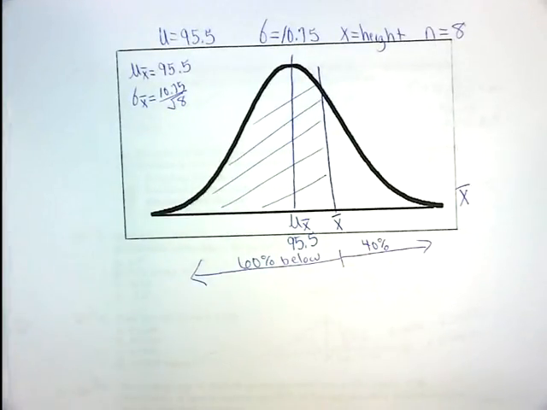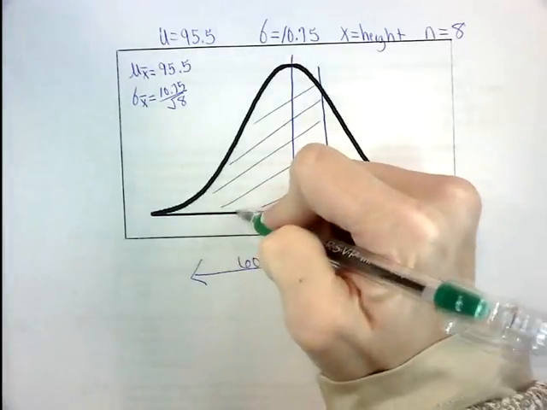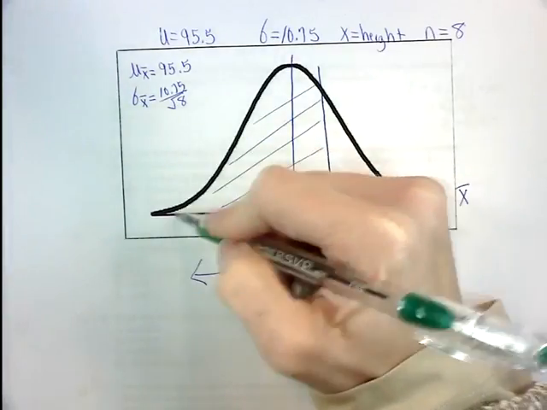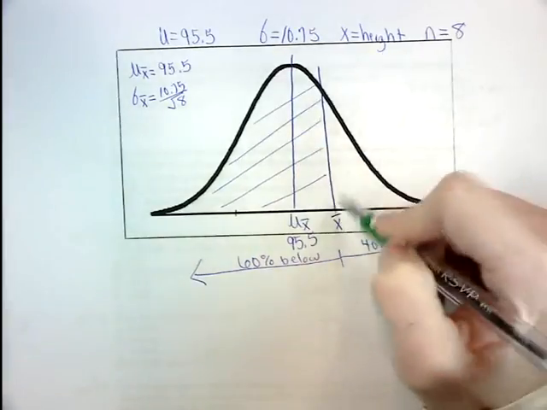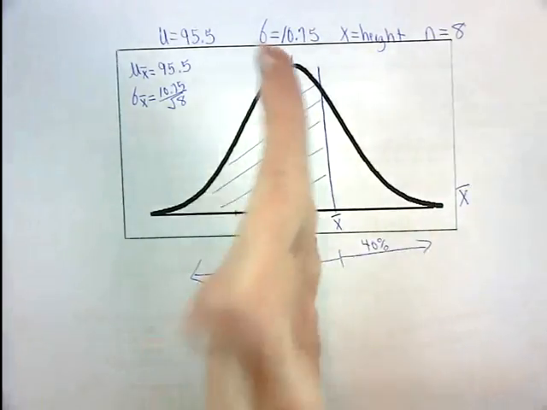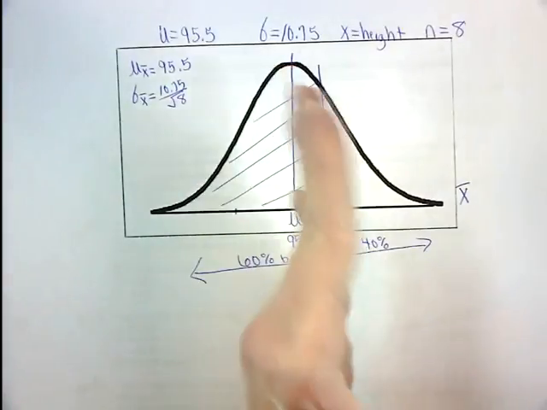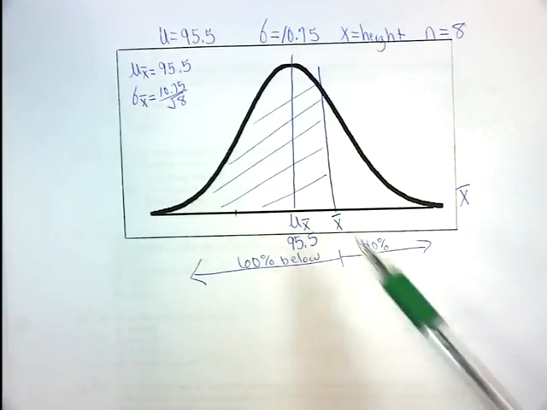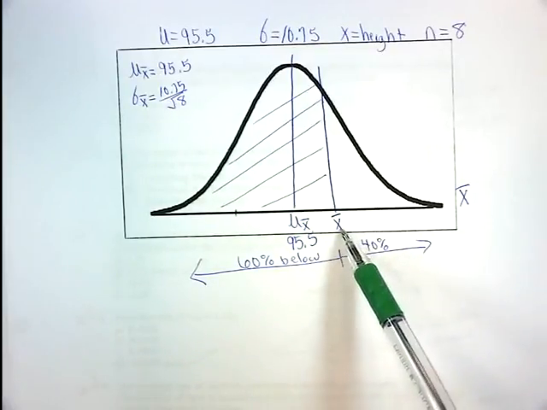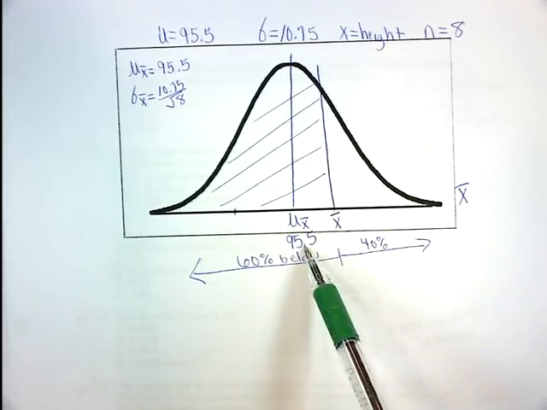There's no way that the unknown X-bar can fall here, because area below it is never going to be as large as 60%. Remember, the area above the mean is always 50%, and the area below the mean is always 50%, and the total area under the curve is 1. So for something to be at the 60th percentile, it's going to have to be above the average.